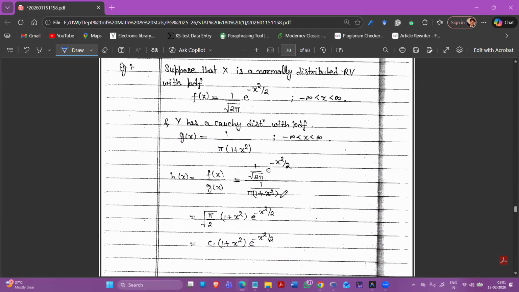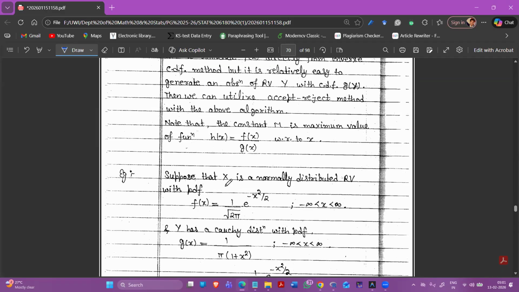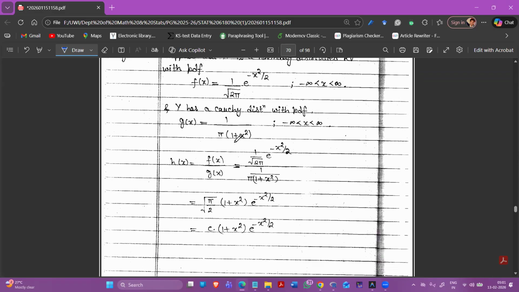So yeah, this is the example, your Cauchy distribution. How will you find the h(x), that is the maximum difference, f(x) divided by g(x): 1 upon root 2 pi e raised to the power minus x square by 2 divided by 1 upon pi into 1 plus x square. So square root of pi by 2 you have, because pi will cancel out. So 1 plus x square into e raised to the power minus x square by 2. So root pi by 2 is a constant, so either you consider it or not, it doesn't matter.